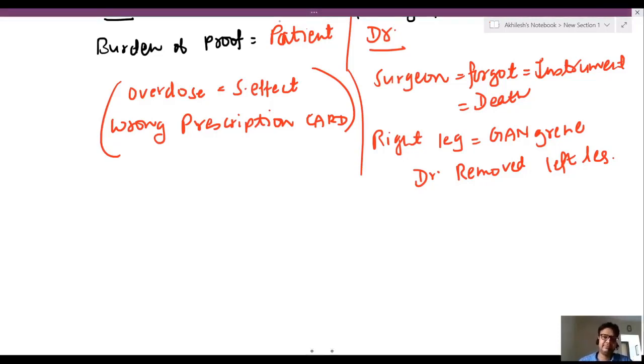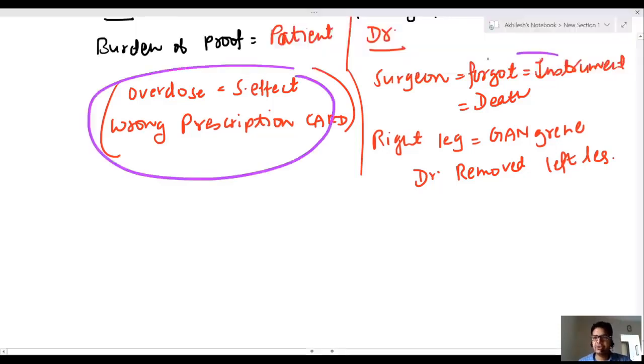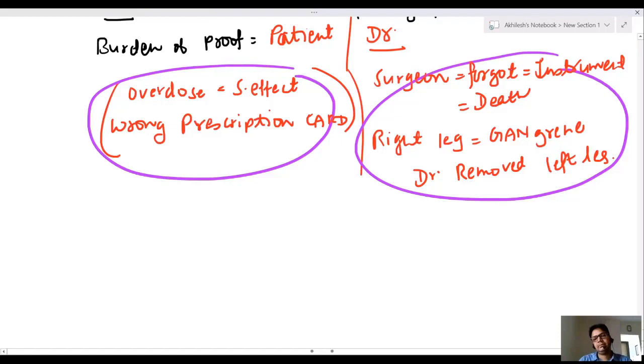Now, sir, see these two examples and these two examples. These two are examples of civil negligence, and these two are examples of criminal negligence.